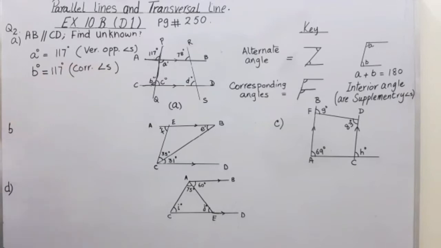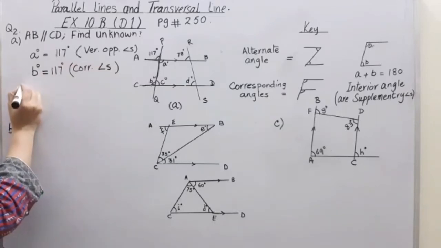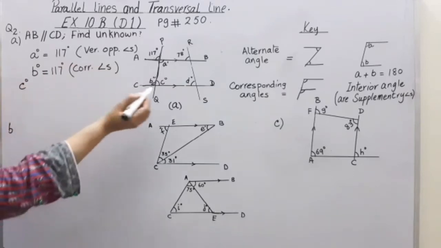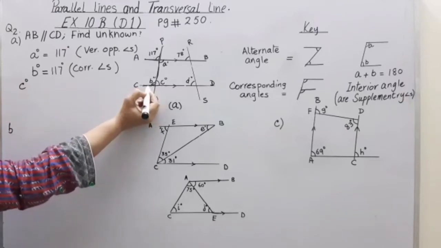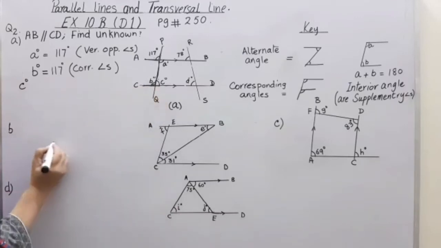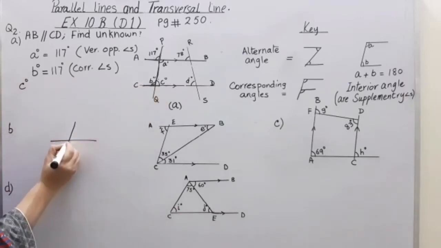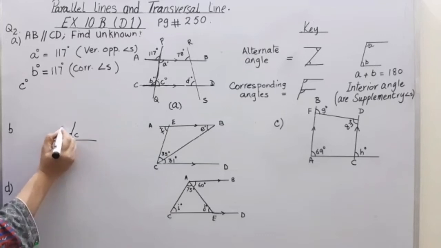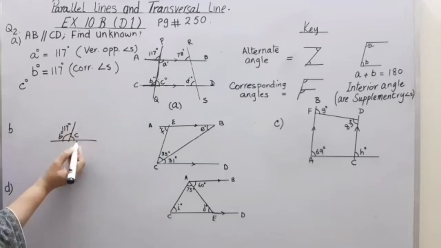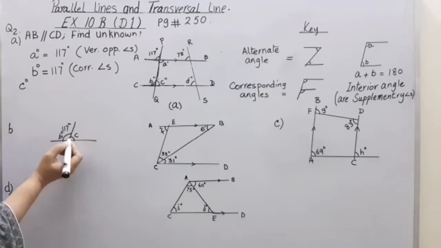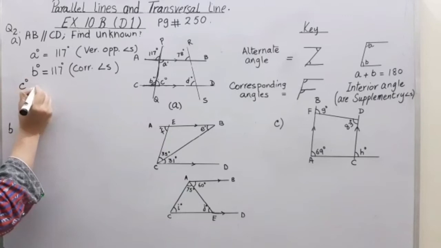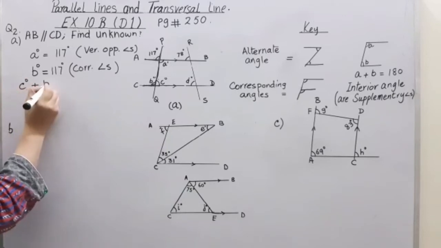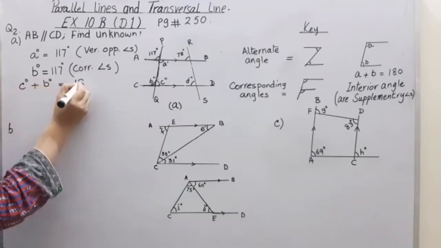And now we find the unknown C. C lies on a straight line. B plus C is equal to 180 because they make one adjacent arm. Here is C and here is B, and we know B is equal to 117. So we add them up, C plus B equals 180.